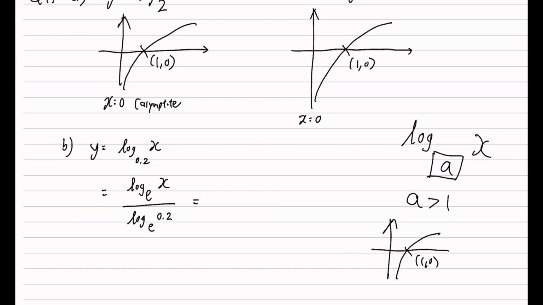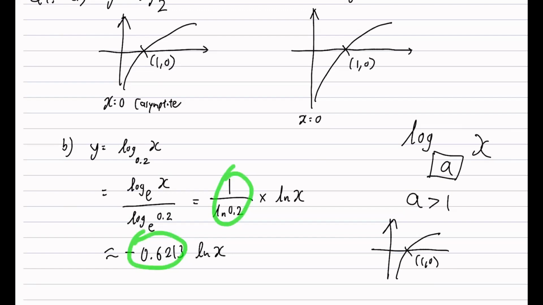We can calculate the value now. So this is really just 1 over ln 0.2 times ln x. What is 1 over ln 0.2? It is negative 0.6213. So here, when you have a negative in front of the ln x, you know how to draw the ln x graph already.